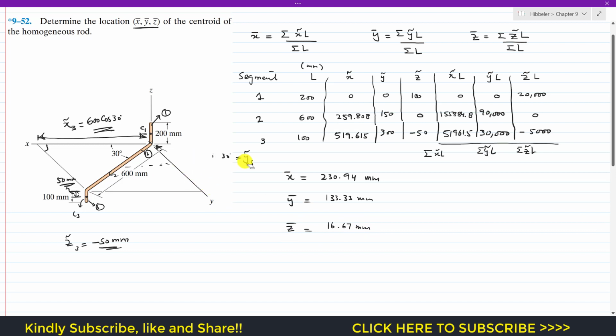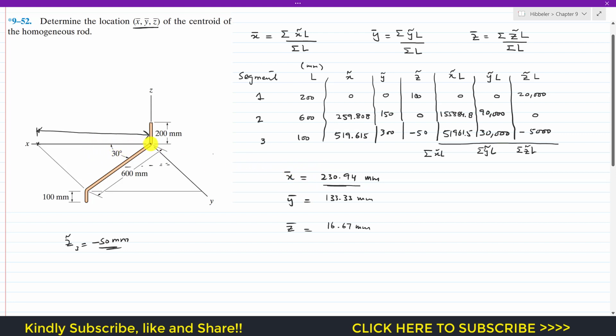If we locate that centroid, from here to here, we know that this total length is 519. So the centroid location of this bar along the x-axis is 230, somewhere here.